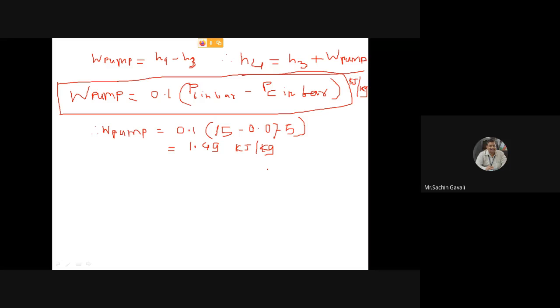How to calculate? For that, the formula we have to use is this one. Shubham Shingan got 1.4925. Good. Shanesh also got the same answer. So 1.49 kilojoule per kg. Then what will be the H4 value? 170.